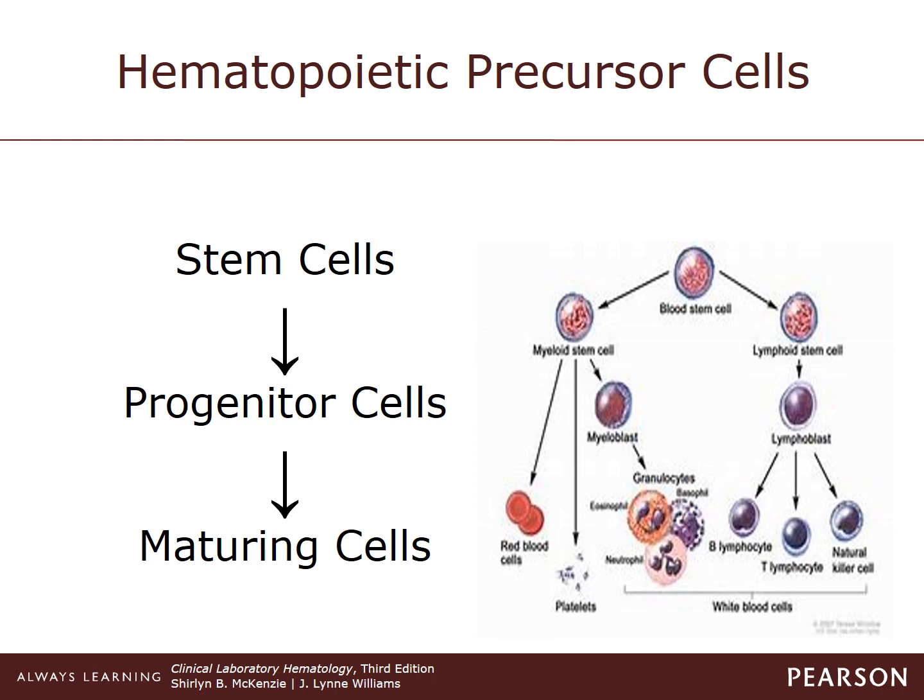They are the hematopoietic stem cells, hematopoietic progenitor cells, and maturing cells. So from the hematopoietic stem cell, we have signals to commit to a specific progenitor cell, and then we differentiate into maturing cells.